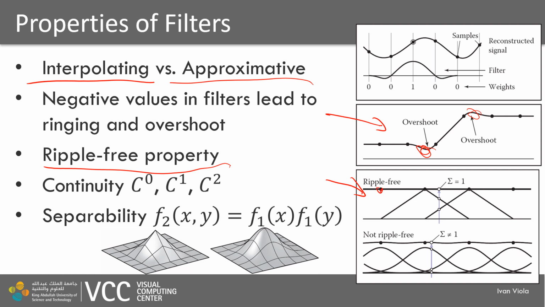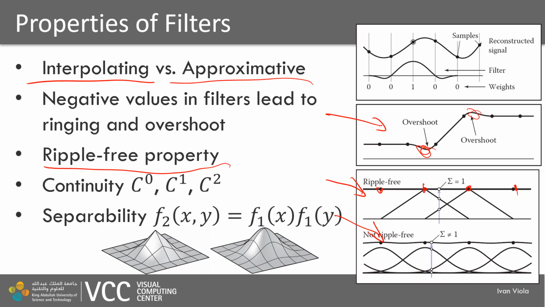So we have a constant train of samples of the same value, and the reconstruction between these samples will result in a straight line. If we use a Gaussian filter which is trimmed but not normalized, we will end up with a non-ripple-free reconstruction with this wavy pattern, which will be undesired.